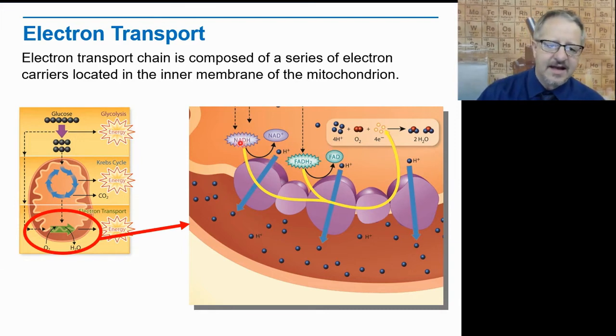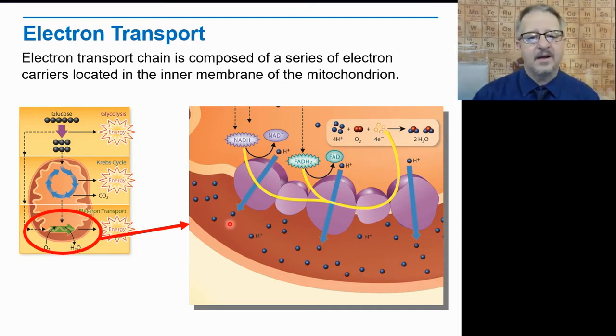Because the NADH and the FADH2 are going to release some energy in the process of being converted back into FAD in this case, or NAD+, that's going to create some energy that's going to basically draw these hydrogen ions against the concentration gradient from an area of lower concentration to an area of higher concentration.